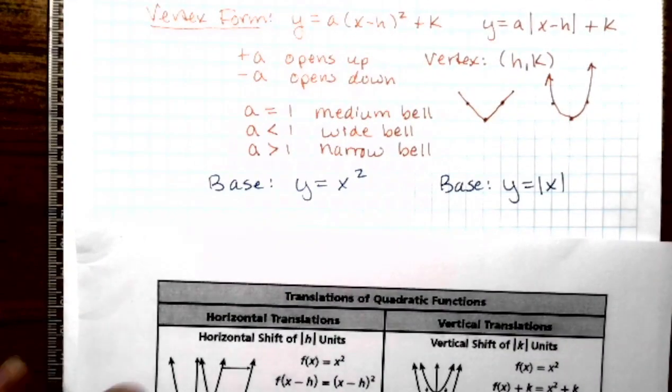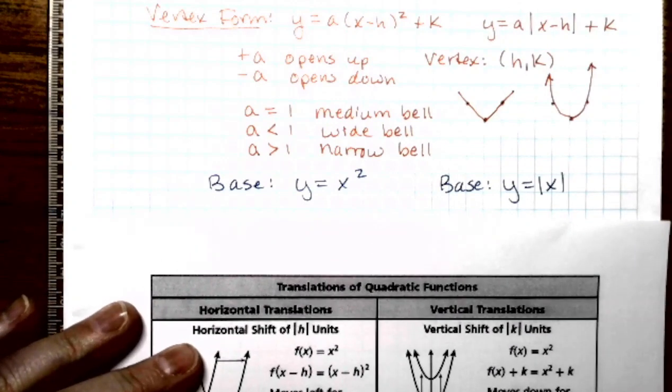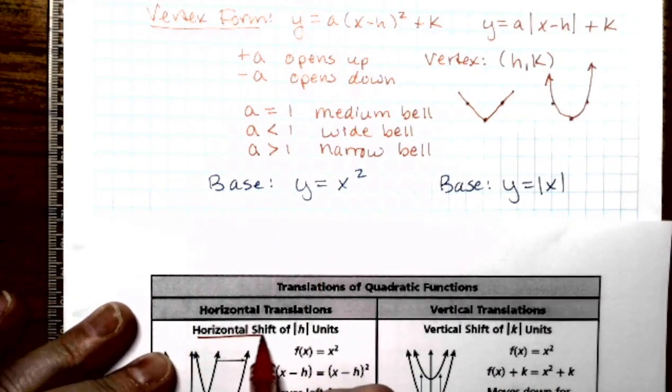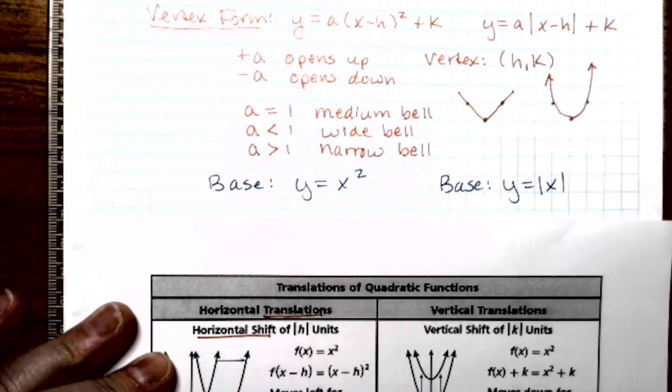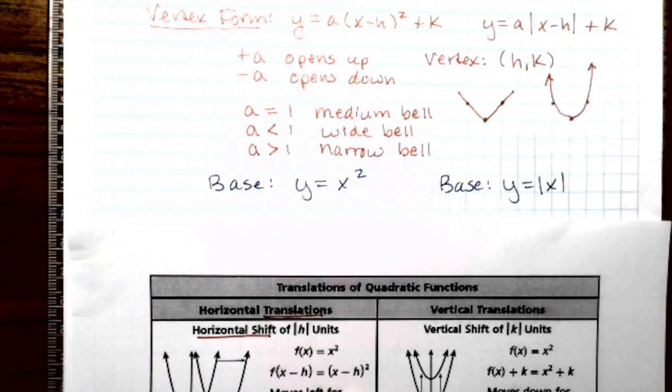You should have notes on this already, but a horizontal shift is a horizontal translation, and it's what's being done to the x. So if it's x plus an h, the graph moves left. If it's x minus an h, the graph moves right.